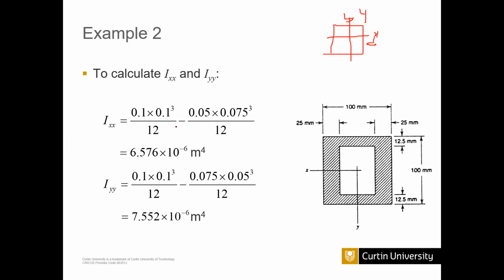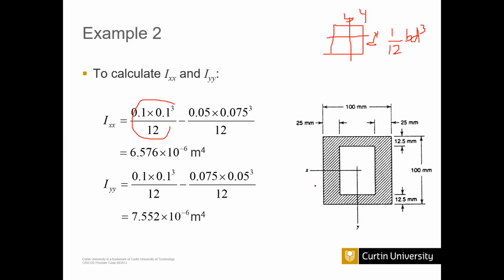If it is a solid cross section, this is the equation of the second moment of inertia, BD cubed. But if it is a hollow shape, you need to subtract that part. This is the solid part, and this is the hollow part. Likewise, you can find Iyy and Ixx.